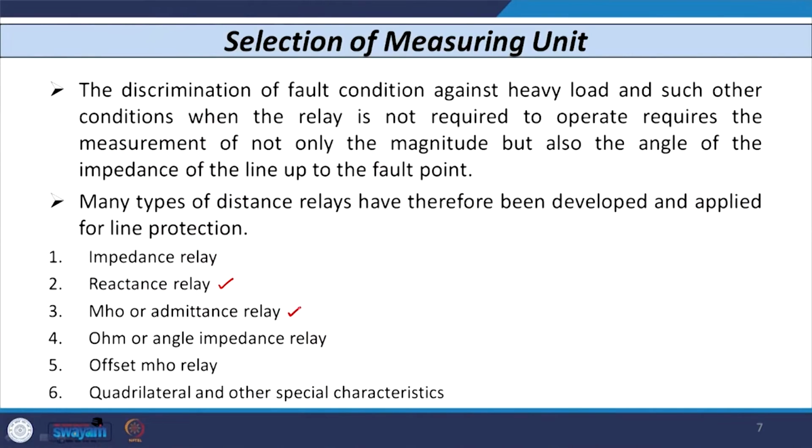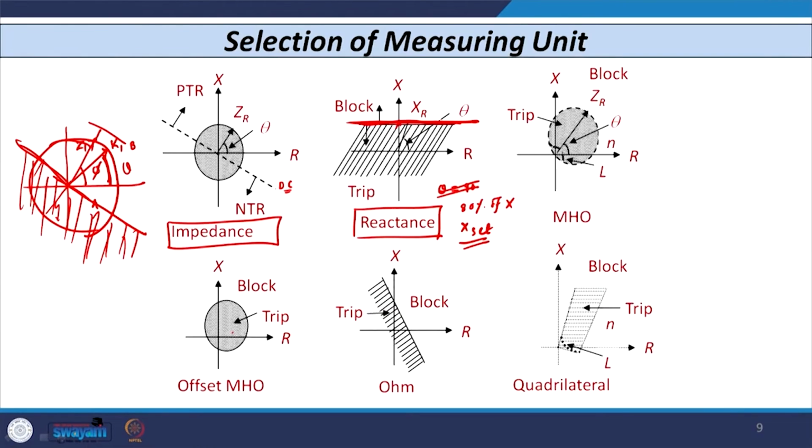The third type of characteristic is known as the mho or admittance relay. Sometimes it is also known as the angle admittance relay. It is basically a modification of the reactance relay. In the reactance relay theta is not there, here the value of theta is there, some value.